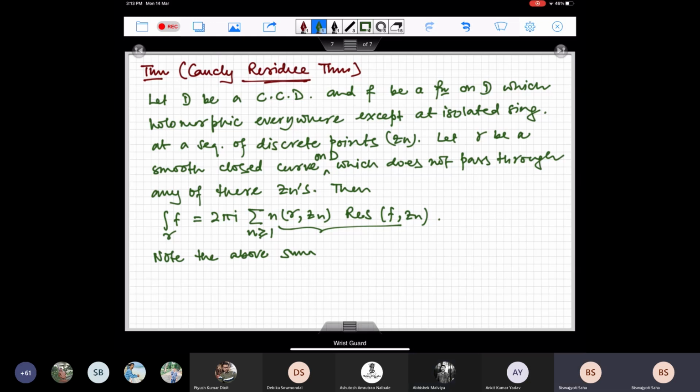Clear. Note the above sum is finite. So how do I see that?